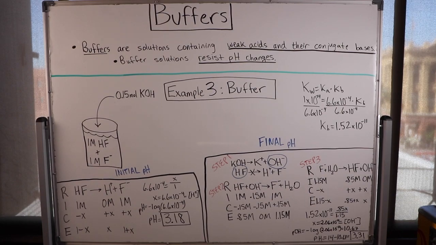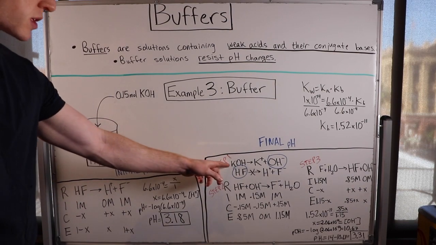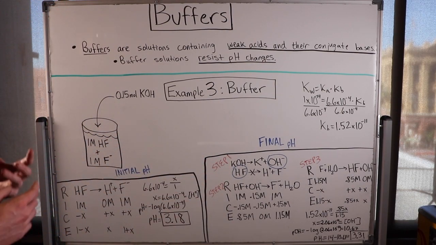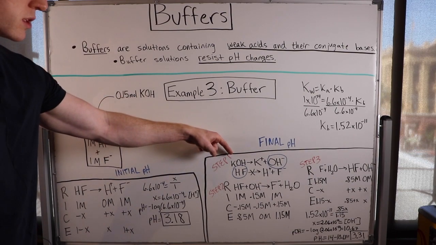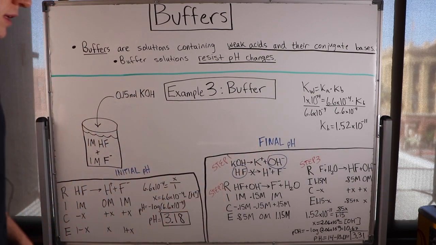Now to find the final pH after we add in potassium hydroxide, our strong base. And again, this is a neutralization reaction, and this is a fairly involved process, but I think it's good practice for you guys. So step one, you always see what's going to happen to your initial compounds. So potassium hydroxide is a strong base, and therefore it will dissociate completely into its ions, potassium and hydroxide.